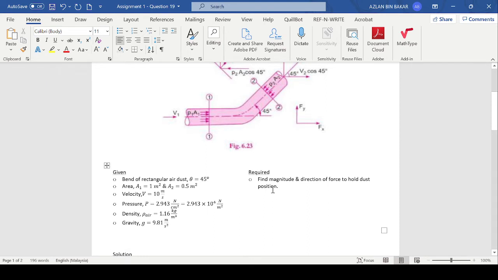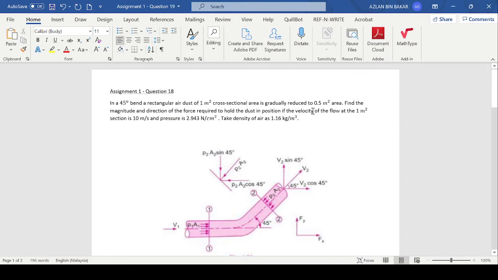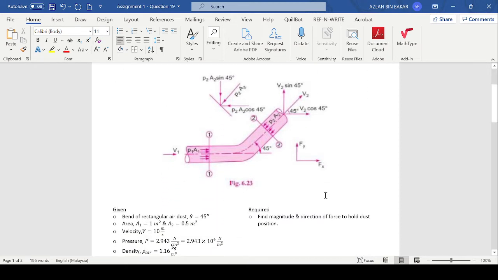To solve this question, first of all we need to read the instruction and look at the diagram, and then we make what is given in the question.